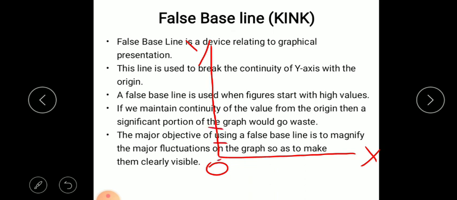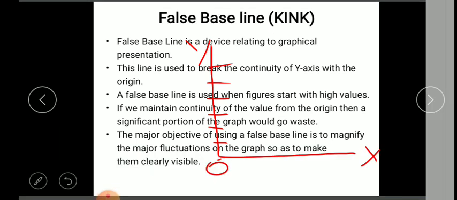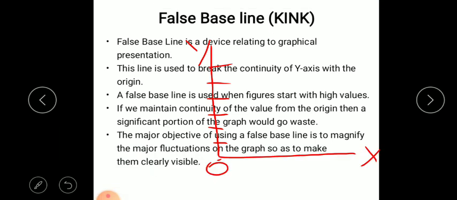So 1, 2, 3, 4, 5, 6, or maybe 100, 200, 300, 400, 500, 600, and so on. Here also 100, 200, 300, 400, 500, 600, and so on. So if you want to break the continuity, that is, somewhere you do not want to show a certain line, at that time a kinked or false baseline can be used.